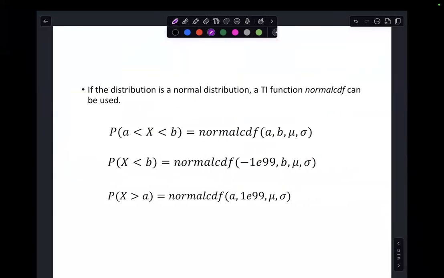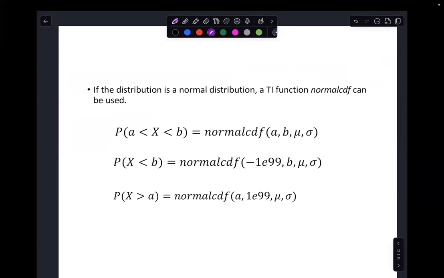Okay. If you don't have z-scores and you don't want to convert them to z-scores, which I never want to do unless it's absolutely necessary, you can just use data values. So this is what it will look like.